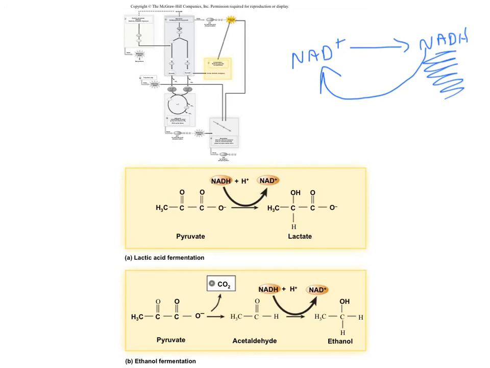Now, another form that generates ethanol: the pyruvate is decarboxylated, so we remove a CO2 from it. That gives us acetaldehyde. Acetaldehyde is then reduced by NADH to NAD+. So NADH goes to NAD+, the acetaldehyde accepts those electrons and becomes ethanol, which of course can be consumed.